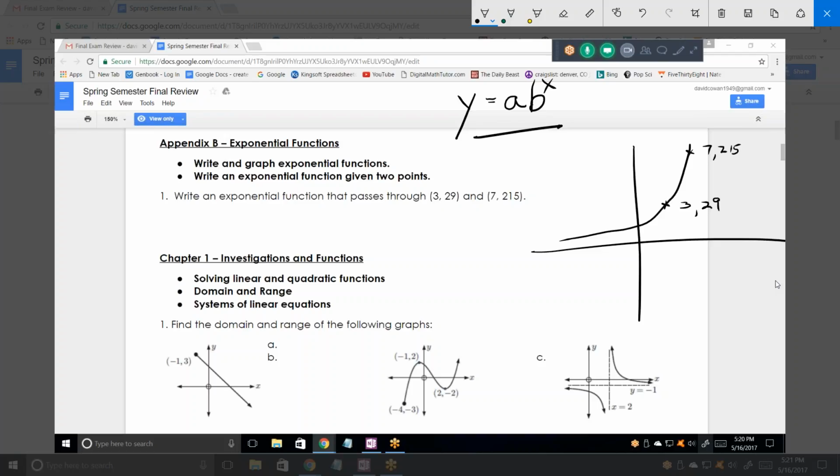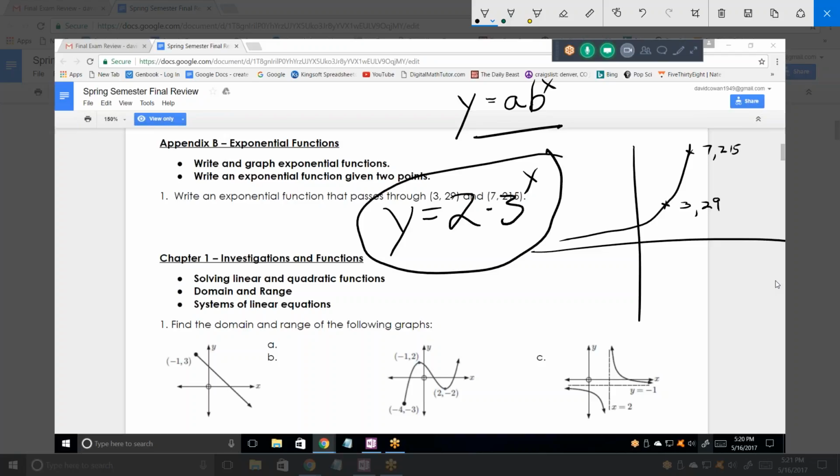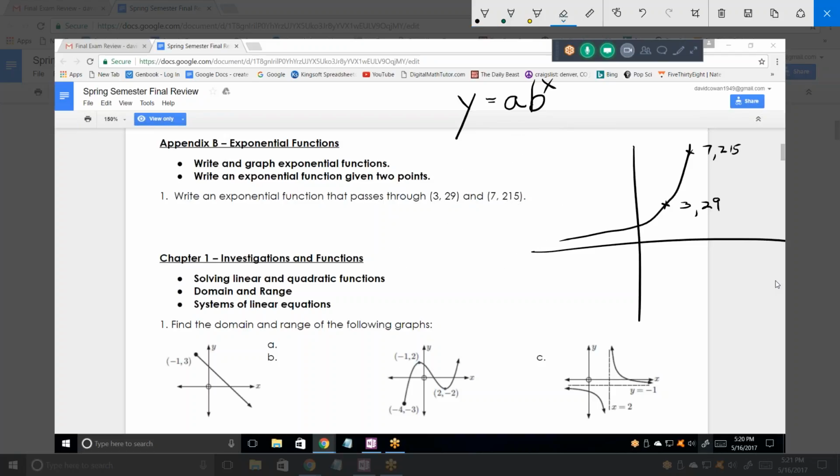Because that's what we've got to do. In other words, they want an answer like y equals 2 times 3 to the x power. This is the kind of answer they're looking for. Write an exponential function, an exact one that goes through those 2 points. So that's our goal.